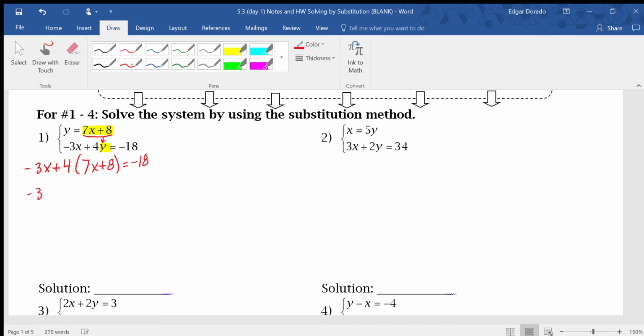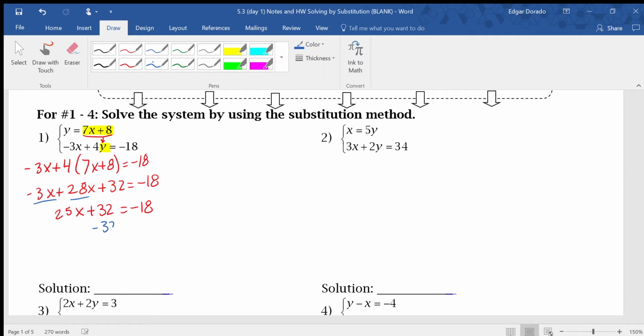So we would get -3x plus 4 times 7x is a 28x. 4 times 8 is a positive 32 equals -18. I can combine a few like terms here. I can combine those two. So I get 25x plus 32 equals negative 18.